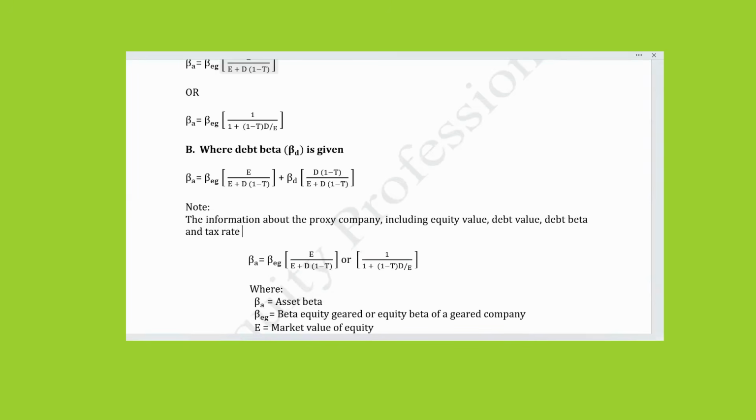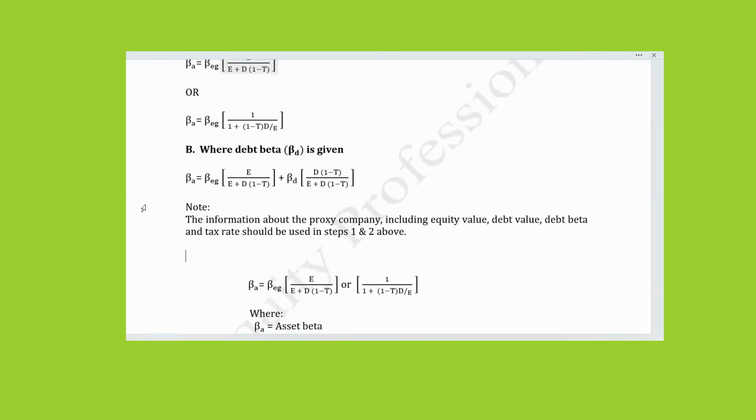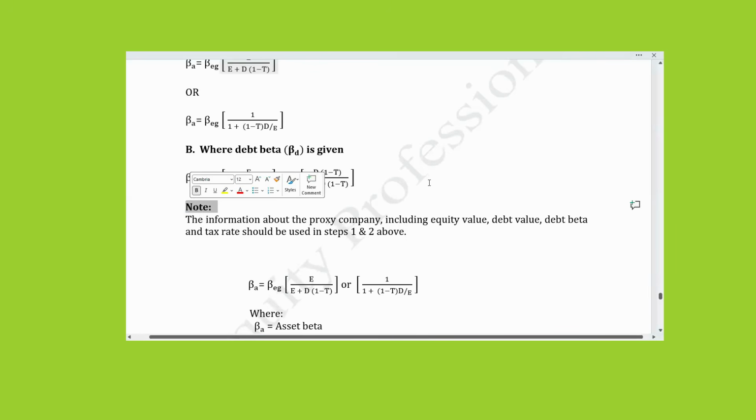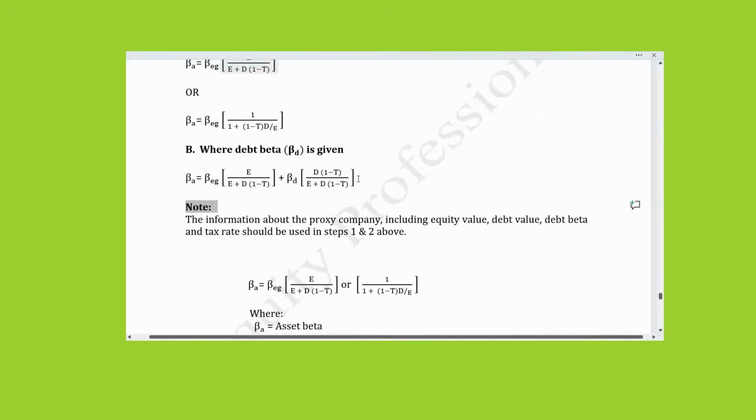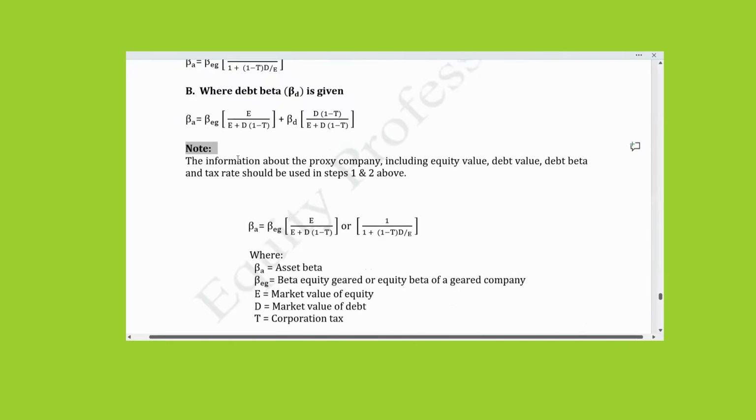And tax rates should be used in steps 1 and 2 above. What I'm trying to say is that anytime you are calculating project-specific cost of capital, for step 1 and step 2 you need the information of the proxy company. Don't use information of the main company. You have to use the debt beta, the equity value, the debt value and the tax rates of the proxy company. That's why I'm emphasizing this.